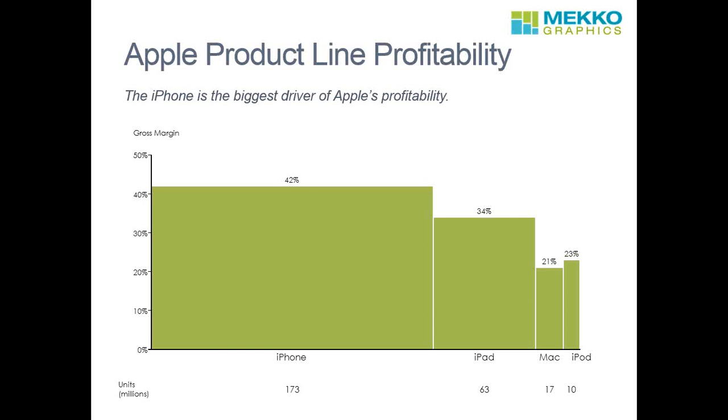So you can very easily see that iPhones are not only the most profitable Apple product, but also the best selling in number of units. So that's really the profit engine of Apple.